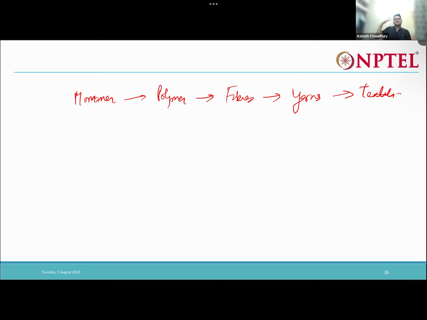Please always keep in mind which geosynthetic can be used for what purpose. There are many purposes we discussed: filtration, separator, barrier, drainage, reinforcement. There are many functions of geosynthetic material, and which geosynthetic material is used for which function should be clear in your mind.